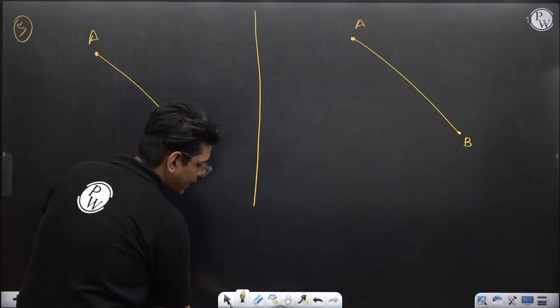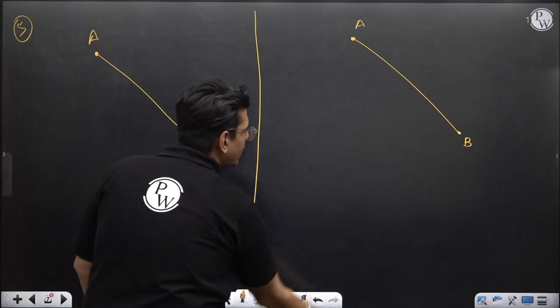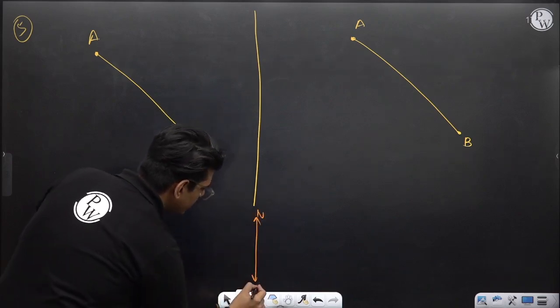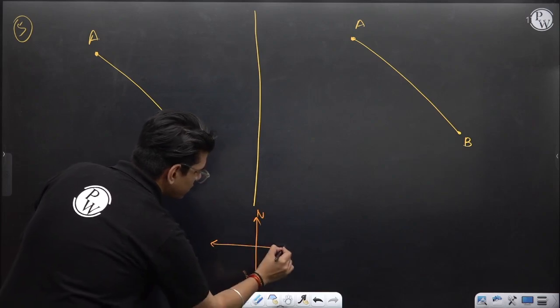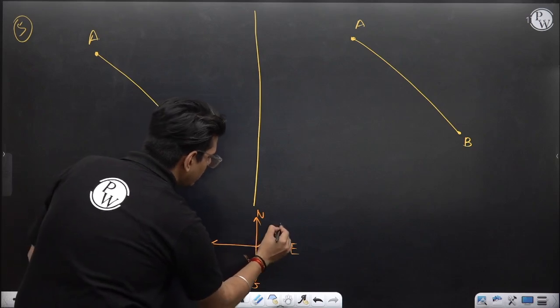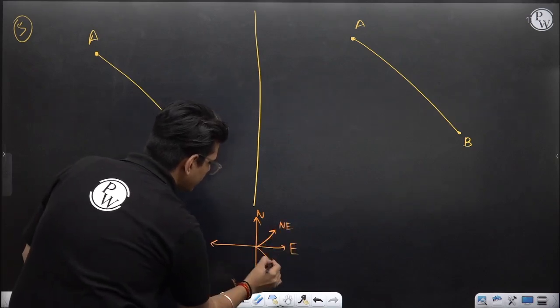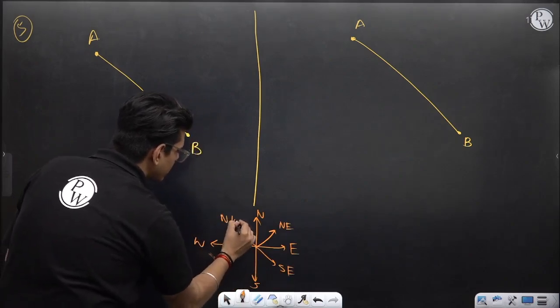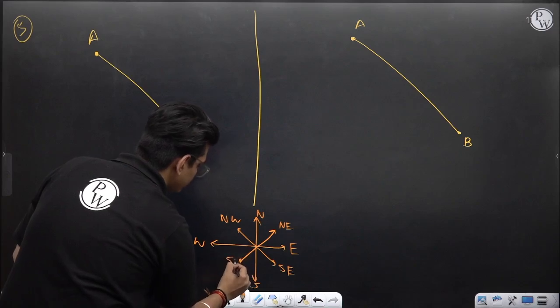Let me draw the main and intermediate directions also. So this is north, this is your south, this is your east, west, this is your northeast, this is your southeast, this is your northwest, and this is your southwest.